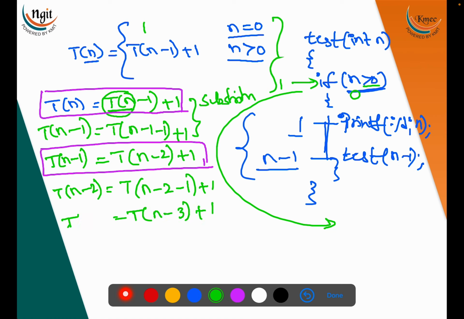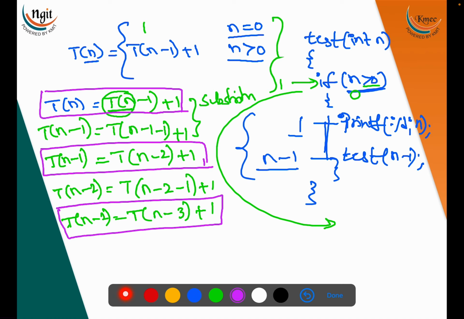So, whose value is this? T of n minus 2. When T of n minus 2, now the value is what? T of n minus 3 plus 1. So, these are the values that we have. Let's find out the recurrence relation.